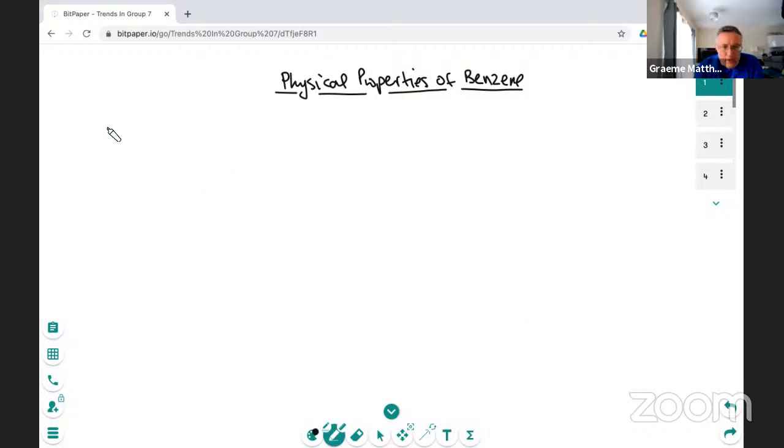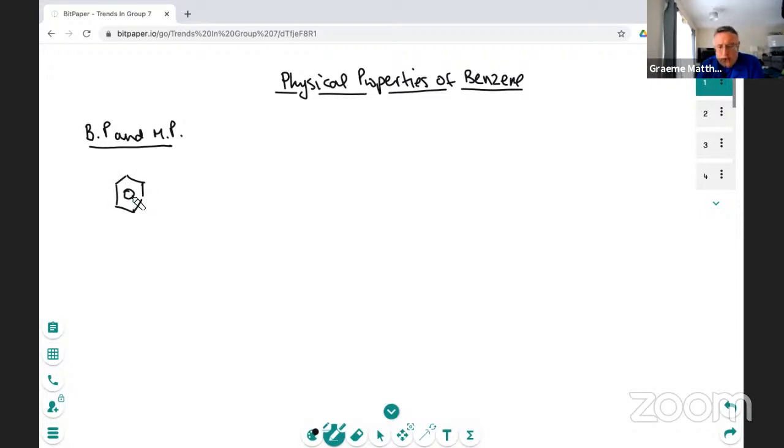All right then, so if I take a look at some data here, looking at my notes, it's kind of weird. My notes are in OneNote, but I can write on OneNote and live stream at the same time. So if I take a look then at the boiling point and the melting point, this is benzene, like this.